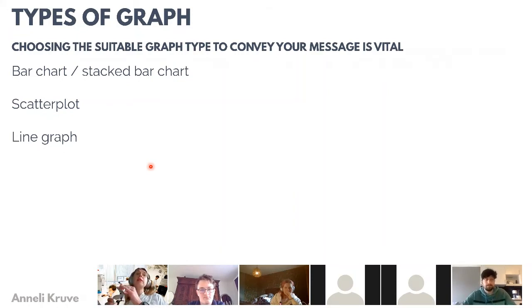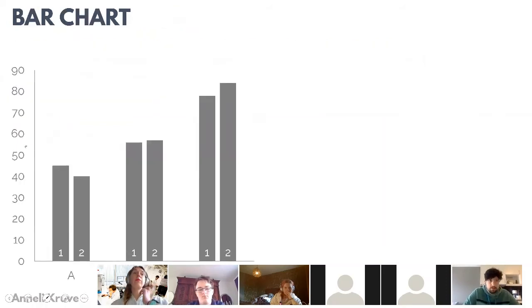But the main ones in analytical chemistry, which also most people understand who don't have the domain knowledge, are bar charts or stacked bar charts, scatter plots, and line graphs. And let's view each one of them.